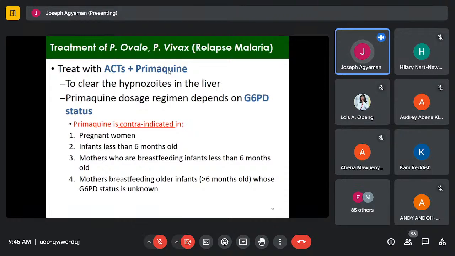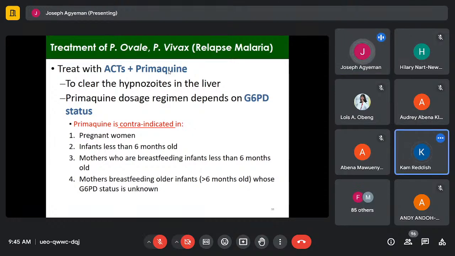The chemical classes are not about combinations. It's about individual molecules classified under different chemical classes. So if you are talking about artemisinins, mention them. Aminoquinolones, you mention them.